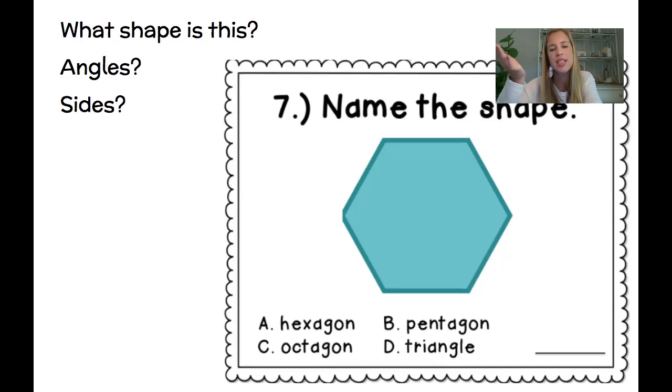It's between a hexagon and an octagon. I want you to think about an octopus. Okay, how many legs does an octopus have? An octopus has 8 legs because octa means 8. Does this shape have 8 sides? No, this is not an octagon. This is a hexagon. A hexagon has 6 sides. So hexa means 6.